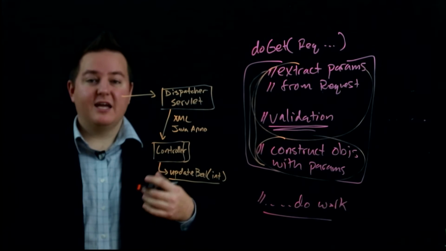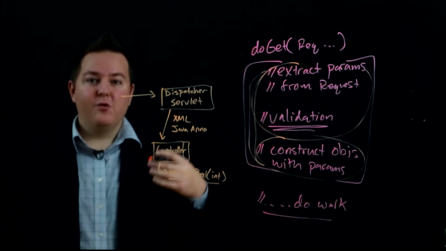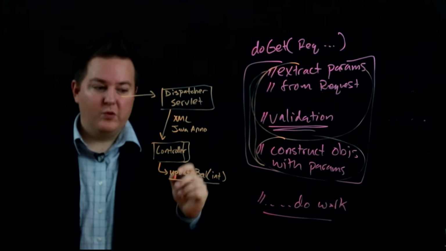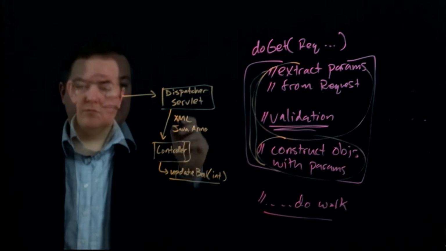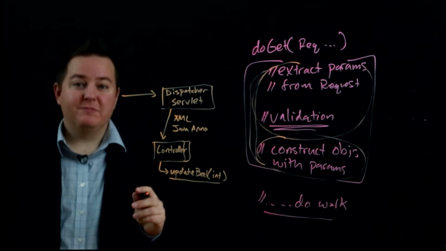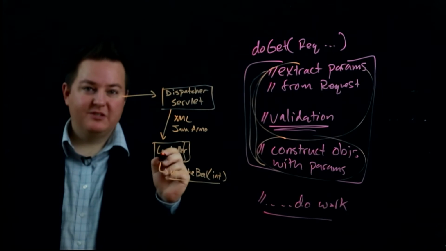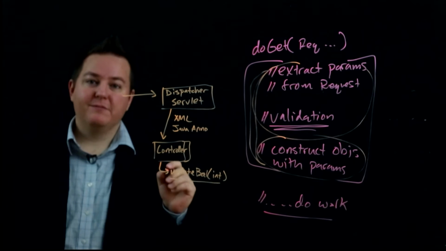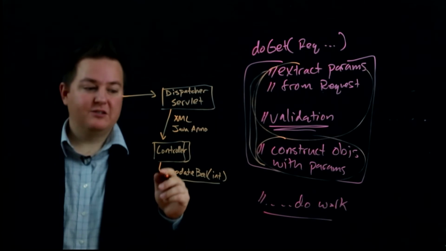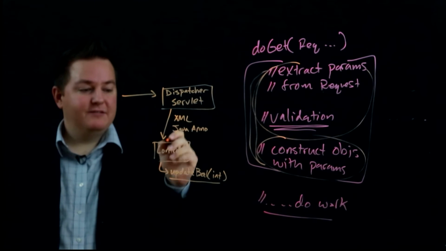We can do things like look at the parameter values and do wildcard matching against parameter values or path values just like we would in web.xml, and then use those to determine which individual method is invoked. So we can do an extra layer of routing in the Dispatcher Servlet based on not only the path of the request, but the parameters, and not just to a single servlet, but to specific methods within the servlet. So different paths can invoke arbitrary methods within our controllers. So the Dispatcher Servlet gives us this extra bit of routing.